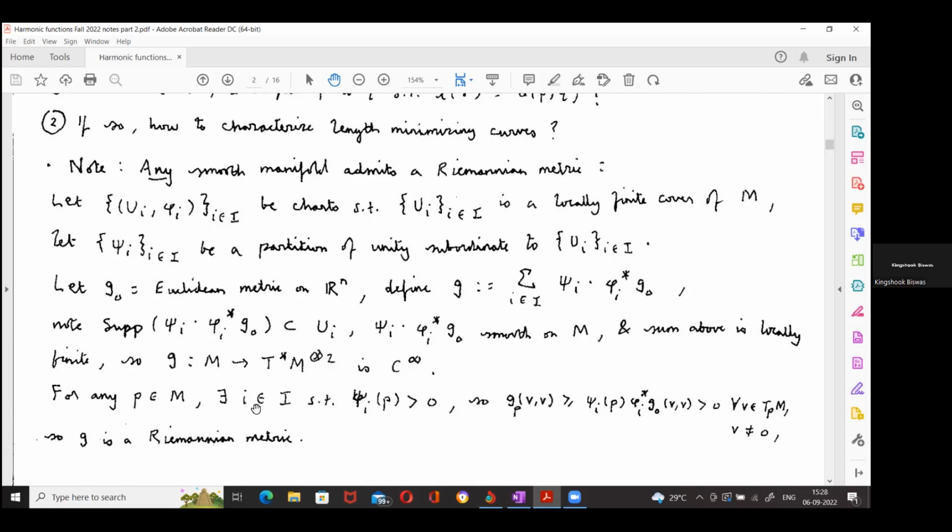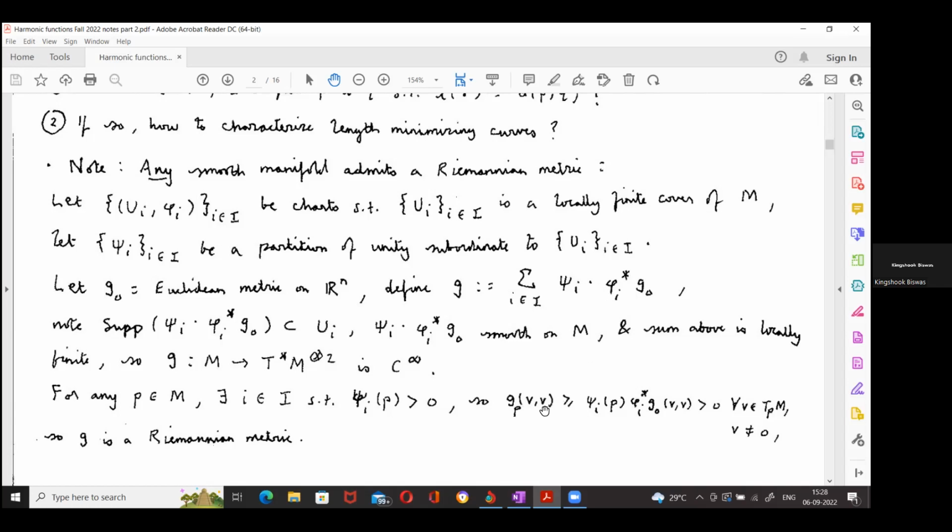I just have to check this is positive definite at each point. And that's easy. That's because if I take any point P, then because psi I is a partition of unity, one of the psi I's is positive at P. And so therefore, G_P of V comma V will be greater than or equal to... So note that all of these terms, when applied to V comma V, will be non-negative.